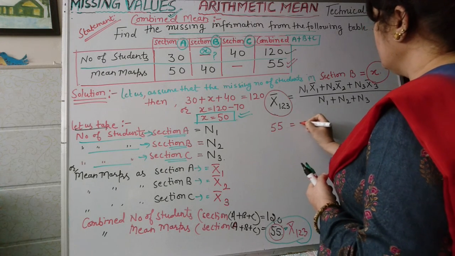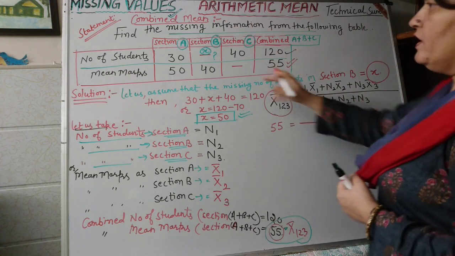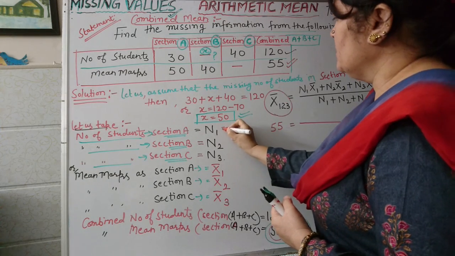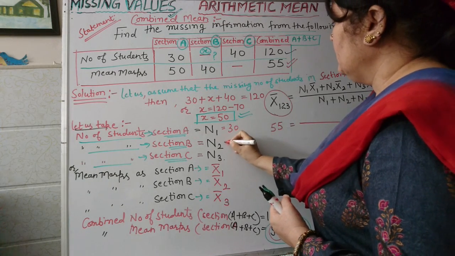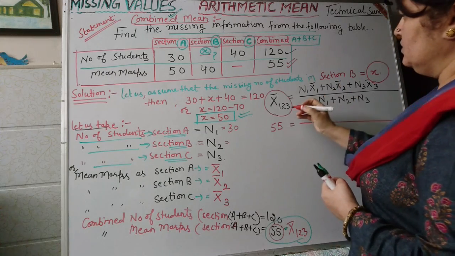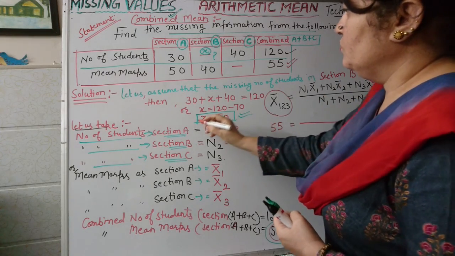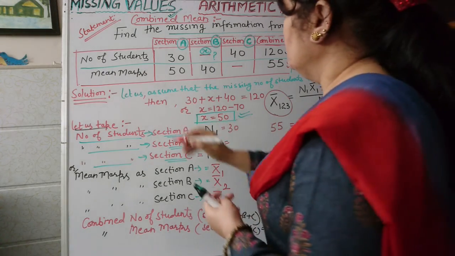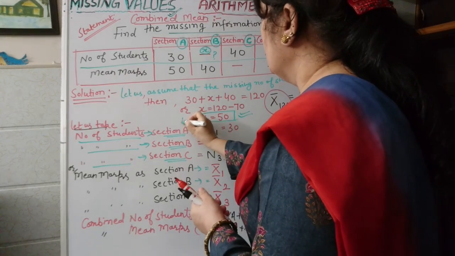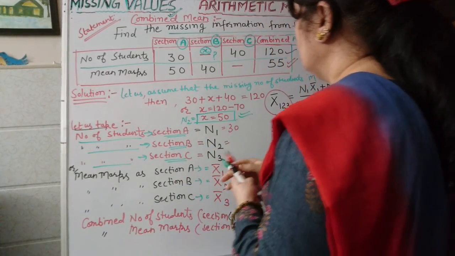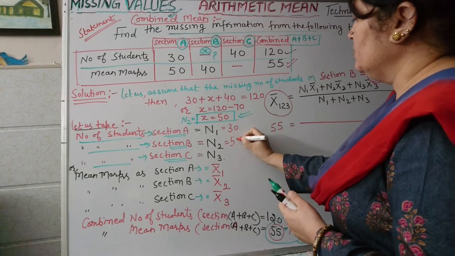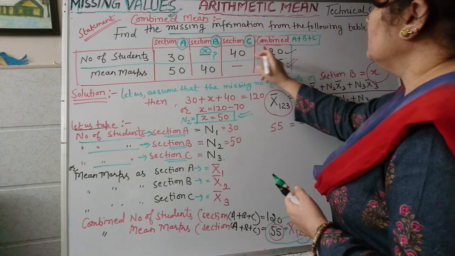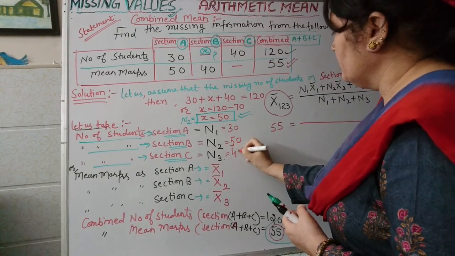So 55 is equal to, n1 is equal to 30, n2 we have derived, the value of n2 is equal to 50, and the value of n3 is equal to 40.